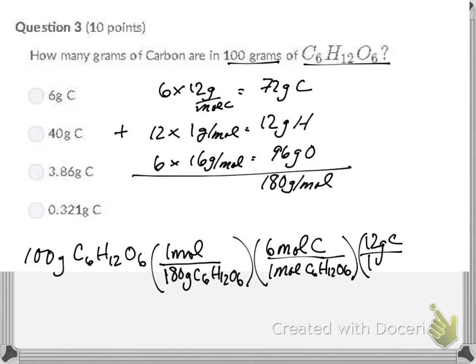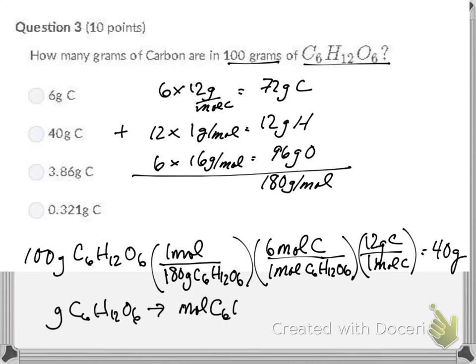And then for every 1 mole of carbon, we get 12 grams. If you do this calculation, you get 40. So we have grams of C6H12O6 going to moles of C6H12O6, going to moles of carbon, to grams of carbon. With that story, any calculation can really unfold that way, as long as you can put in words how the calculation will be done. Again, 2 different ways to do this problem.